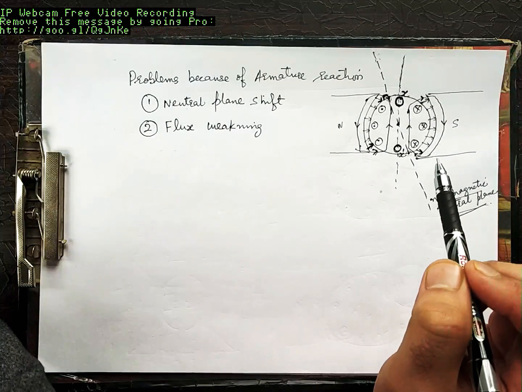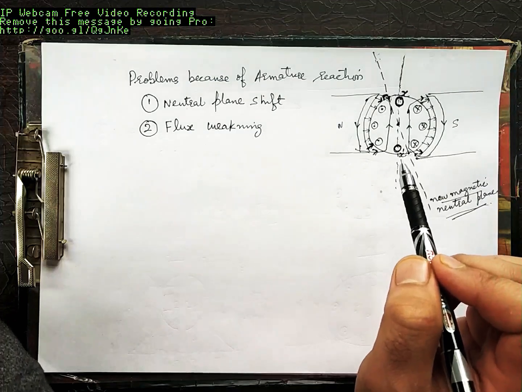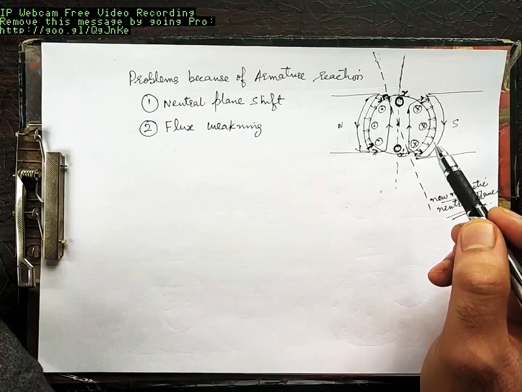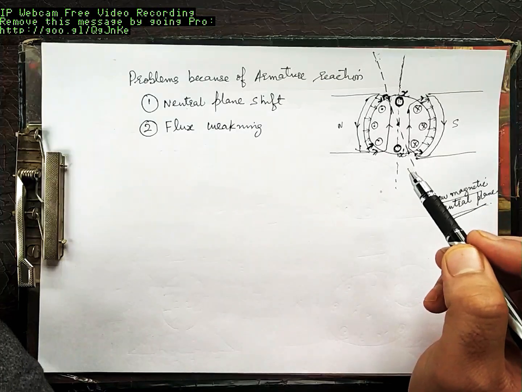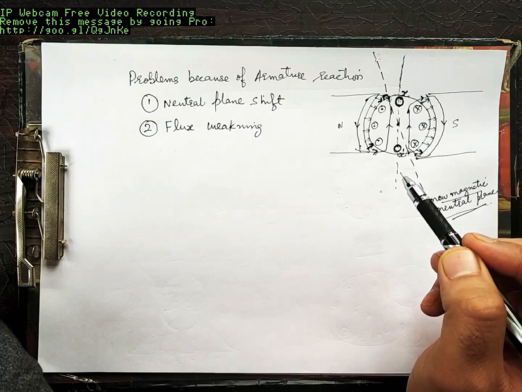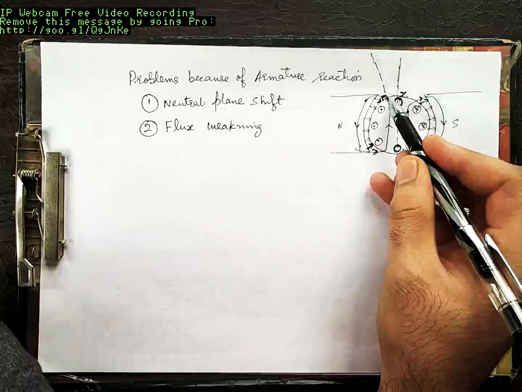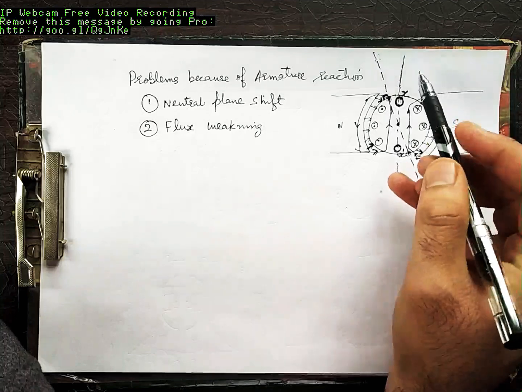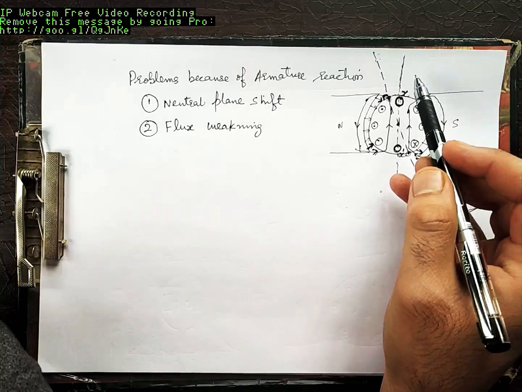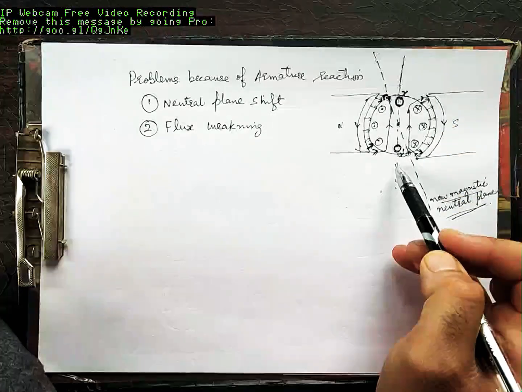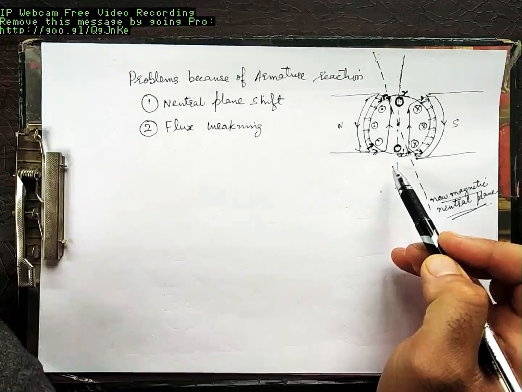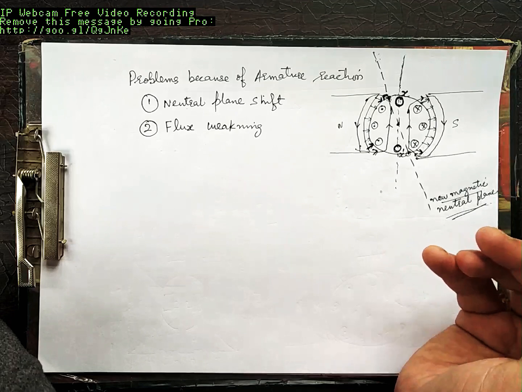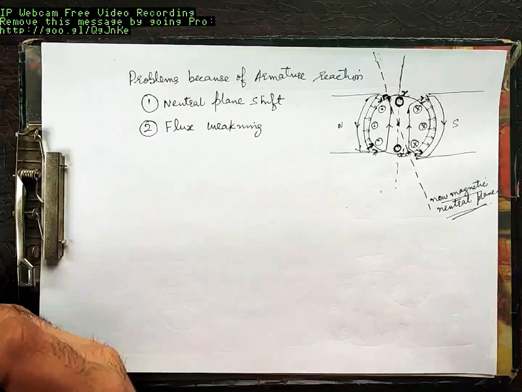If you adjust the brushes such that they short circuit commutator segments when the coils lie here, say at full load, then when there is no load connected to the machine, that is this point, there will be circulating currents.